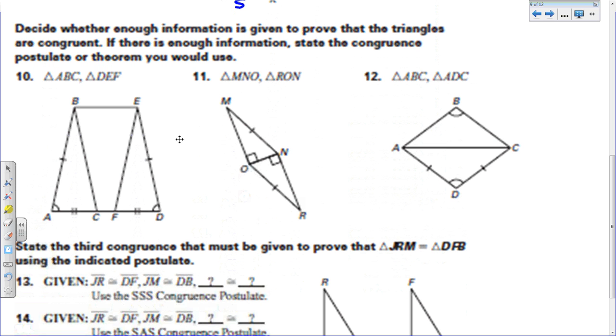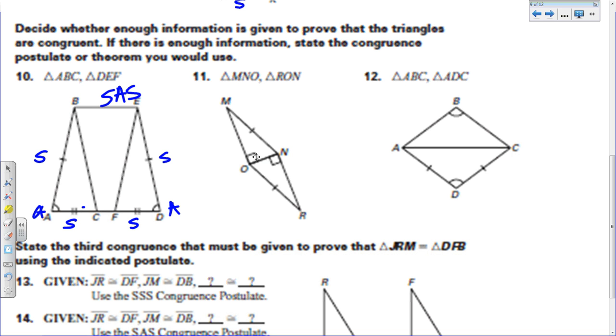Decide whether enough information is given to prove that the triangles are congruent. If there's enough information, state the congruence postulate or theorem you would use. So we have side, angle, side, and then it's congruent to side, angle, side. I've said SAS. This one we have a right angle.